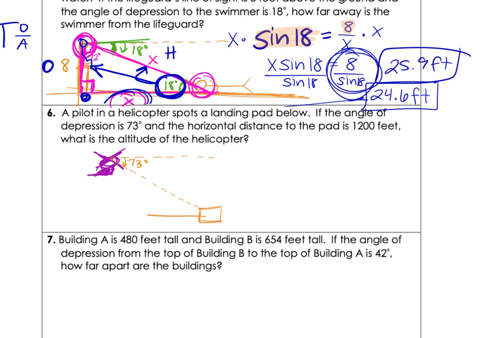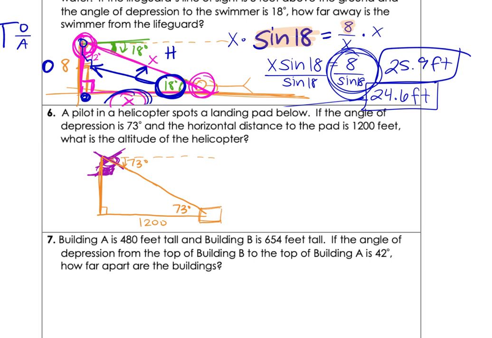So here's your triangle. Did y'all get that angle of depression? This is not drawn to scale because that does not look like 73 degrees. But you could do alternate interiors there, or you could subtract, which would make this much bigger angle, 17 degrees. Again, not drawn to scale.